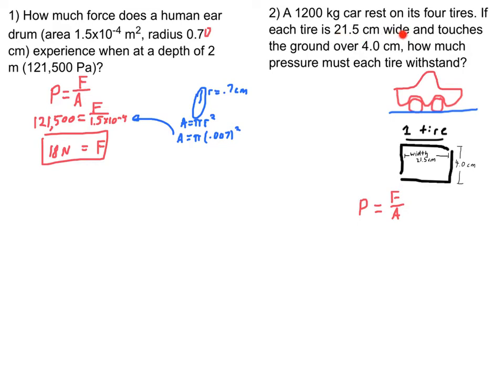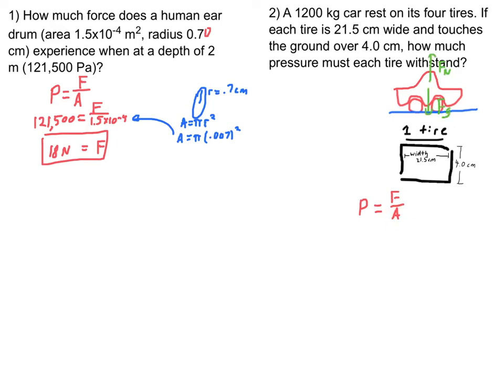The width of the tire, that would be how far it is inwards in that picture, and then the amount it squishes down onto the ground, that would be this length right here. I tried to redraw that rectangle here so we can see that there is a part of the tire touching the pavement. You have a width and a length, and that's going to give us our area down here.